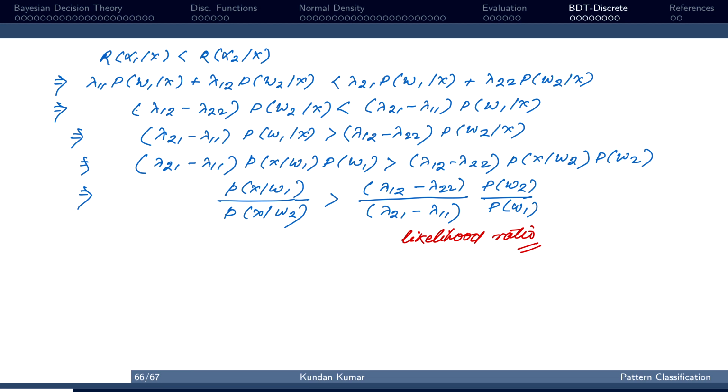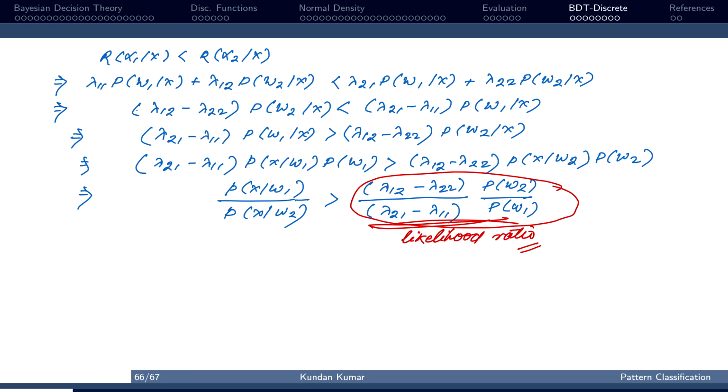Okay, so if the likelihood ratio exceeds this threshold value independent of the input pattern x. So you can notice here that this threshold value is independent of x, then we can make the optimal decision.